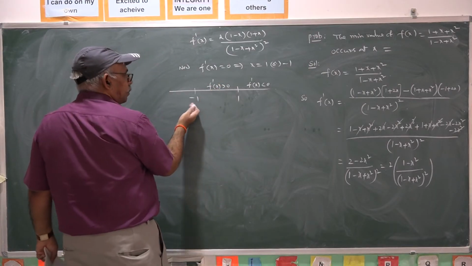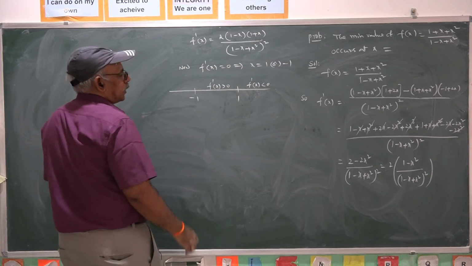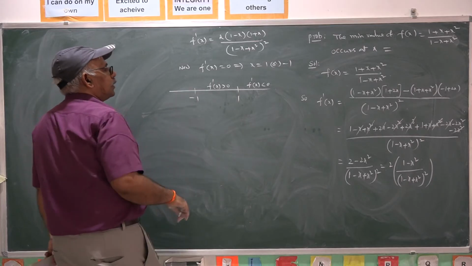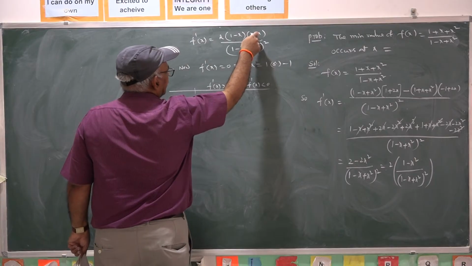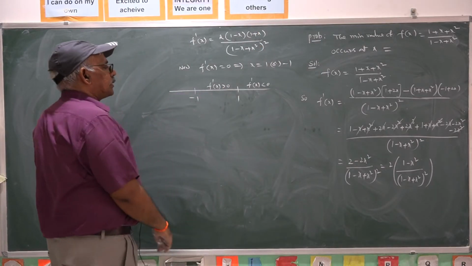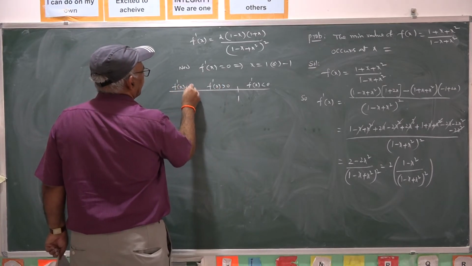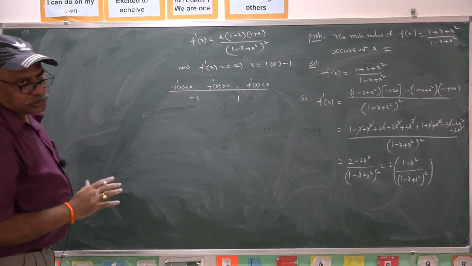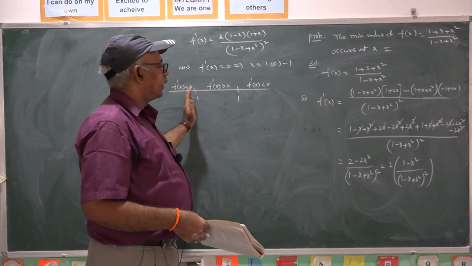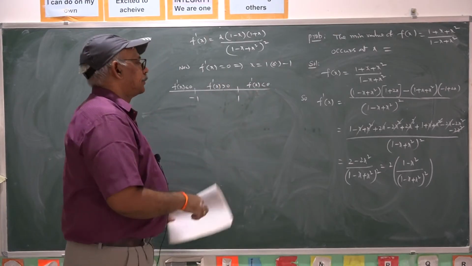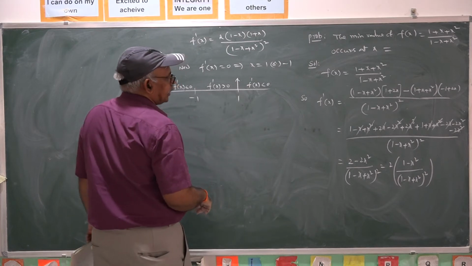And then for x less than minus 1, in this interval up to minus infinity, x is negative, hence 1 minus x is positive, 1 plus x is negative, so overall negative. So f dash changes its sign from negative to positive at minus 1, and from positive to negative at 1.